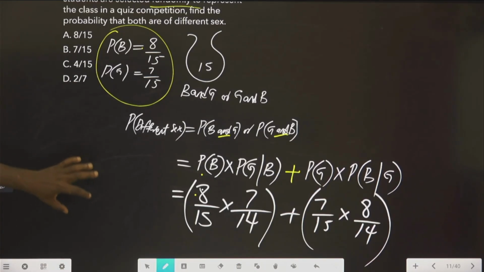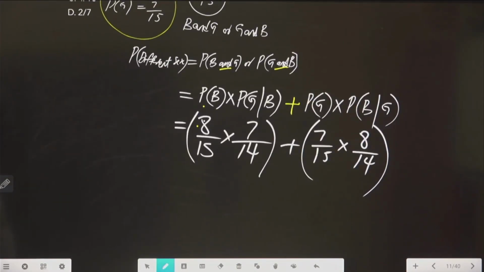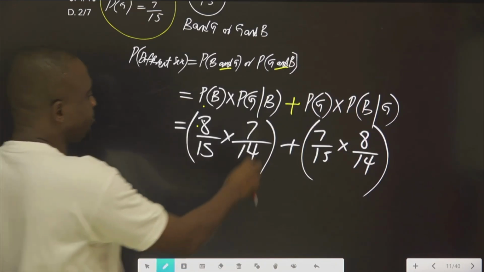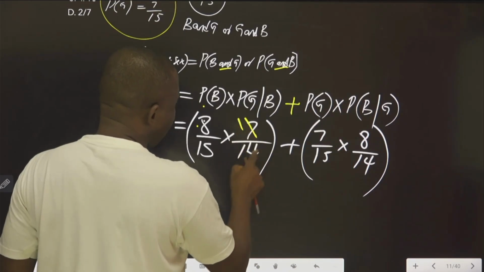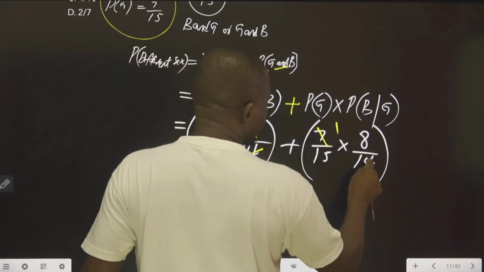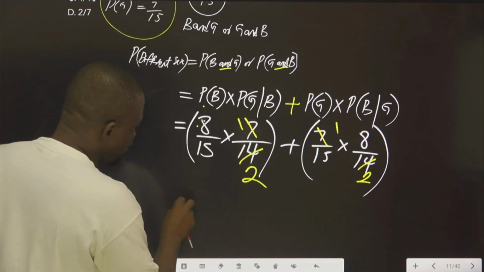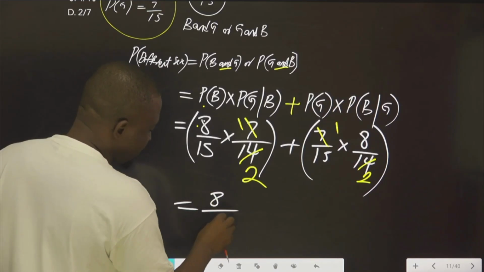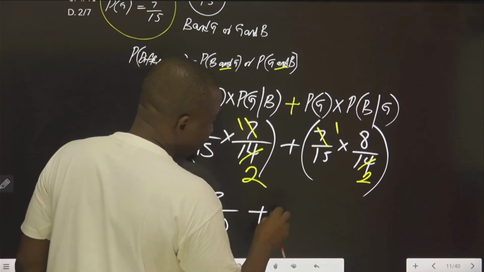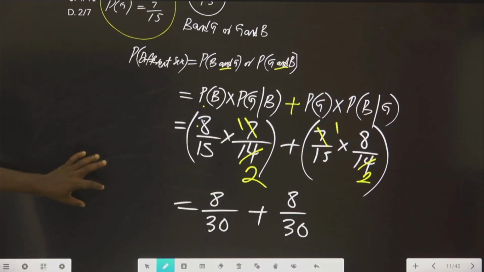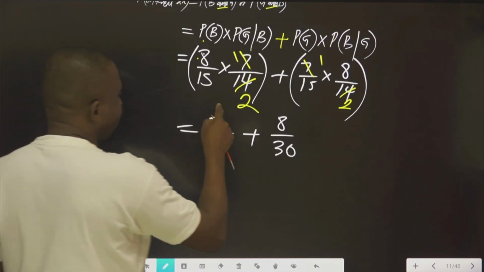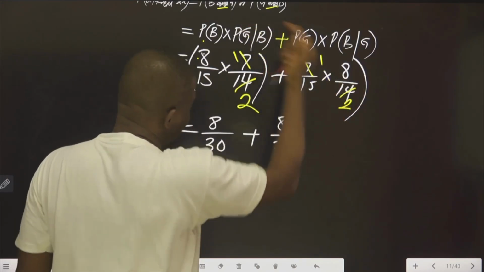So the remaining one is for you to just do division. Okay, let me use a different color. It means we're going to have 8 over 30 plus 8 over 30, which you already know that. I should have done it here, but no problem.